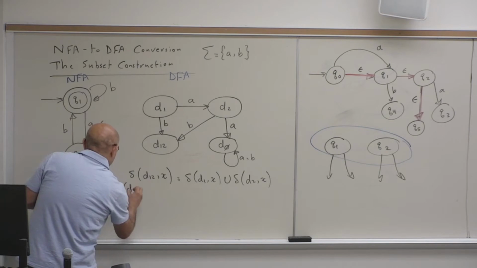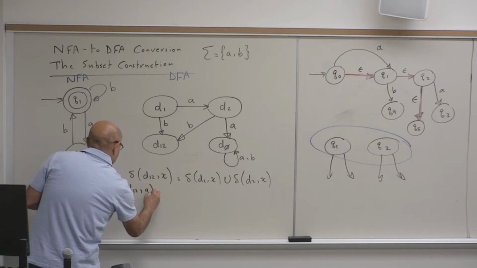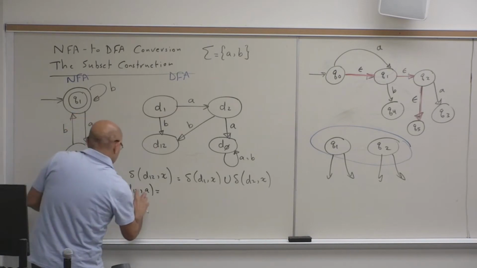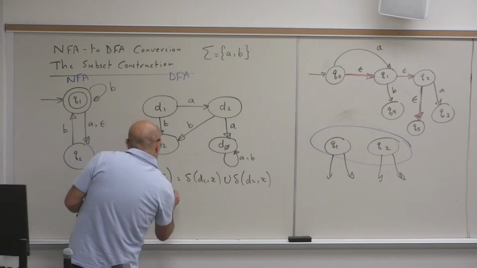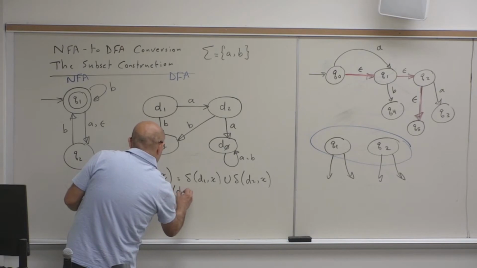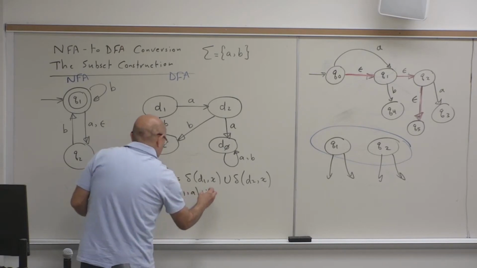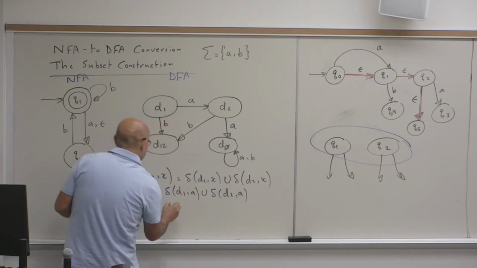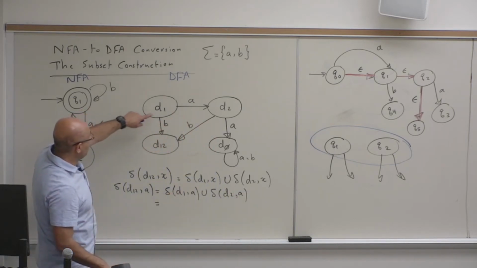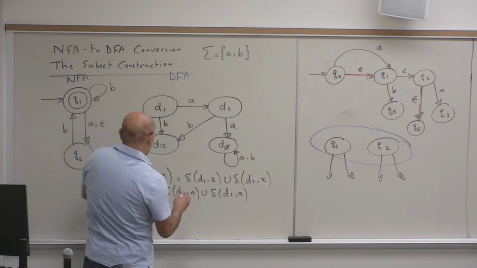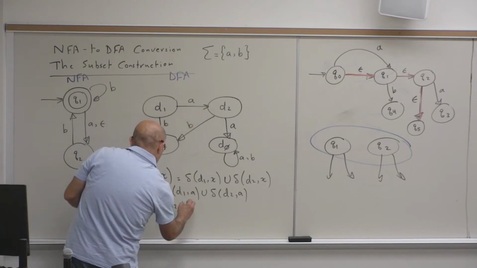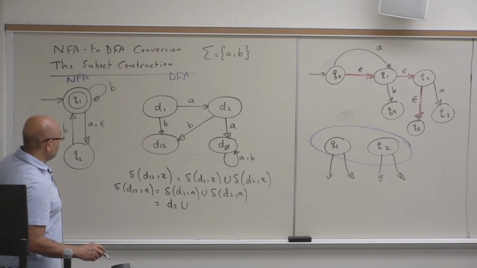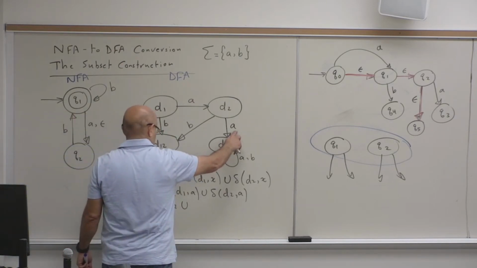Delta of D12 and A is what? It equals delta of D1 and A union delta of D2 and A. Delta of D1 and A is D2, union delta of D2 and A. Where does this go?